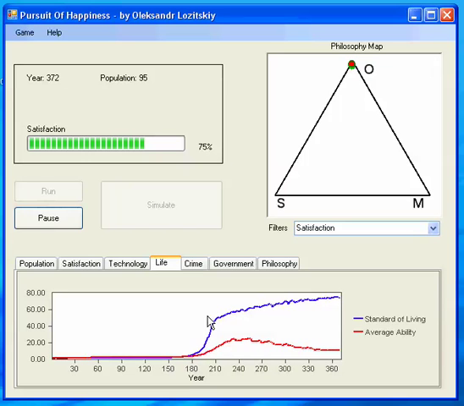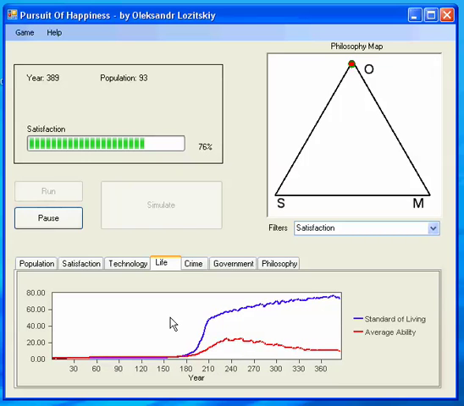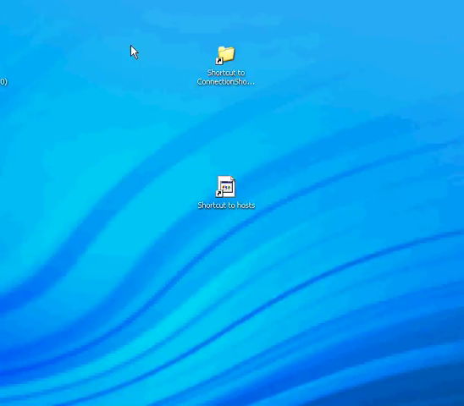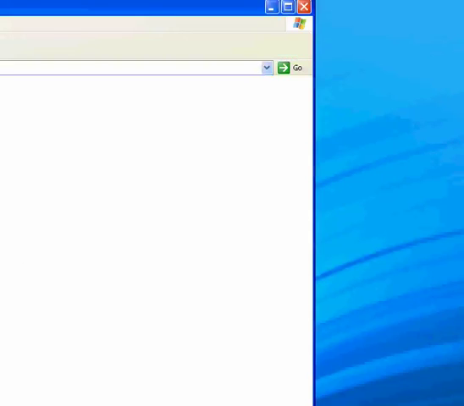So I'm going to go ahead and stop this simulation quickly. I'm going to open up a file that we use to set the basic starting parameters, and we're going to see if we can adjust something here and start a new simulation.